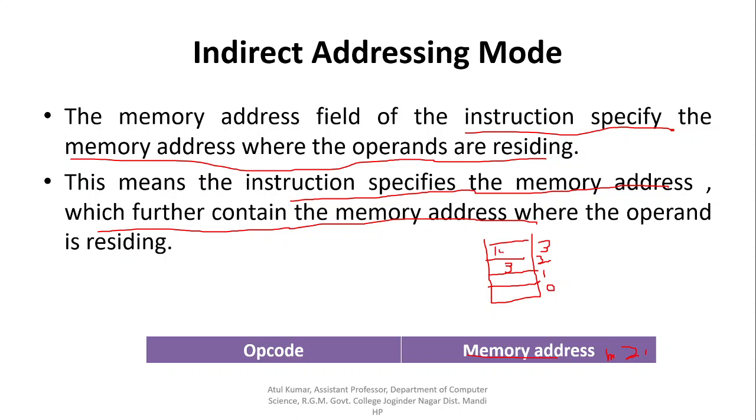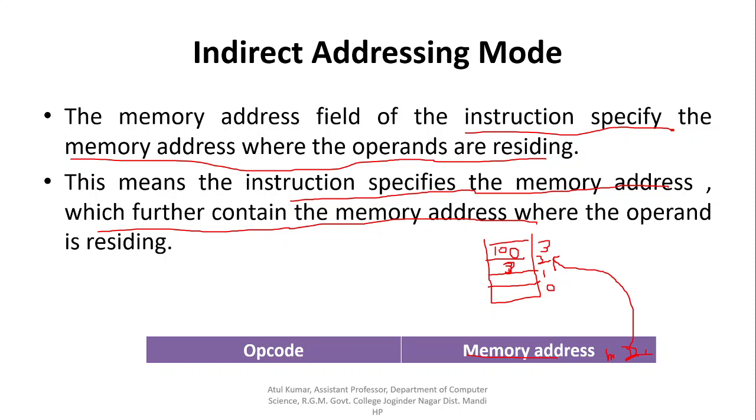Now it will be clear what indirect addressing mode means. The memory address in the instruction is 2, so it will go to the memory location 2. There we have 3 stored, but this is not actually the operand.